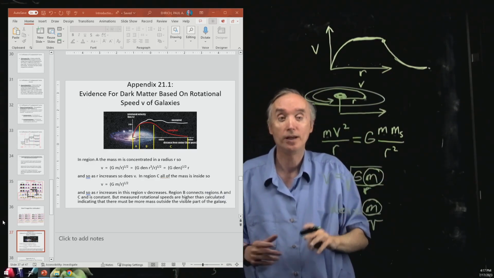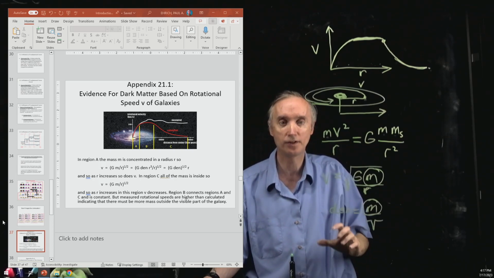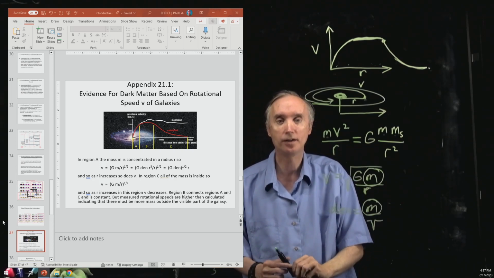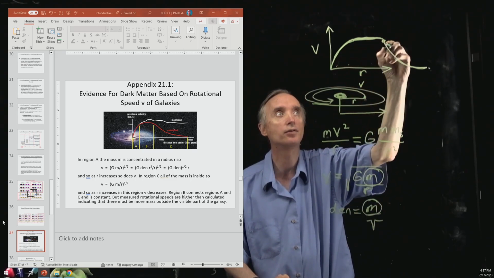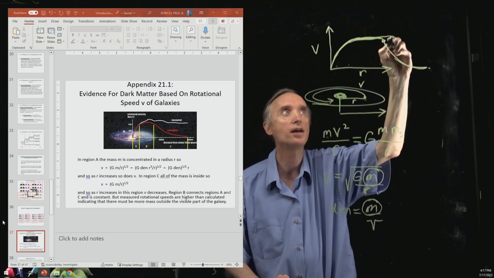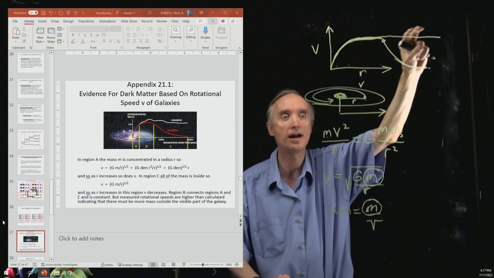All right, when we actually measure the rotational rate of galaxies, what we find is it does go up like this, but instead of going down like that, it stays like this. It continues to flatline.